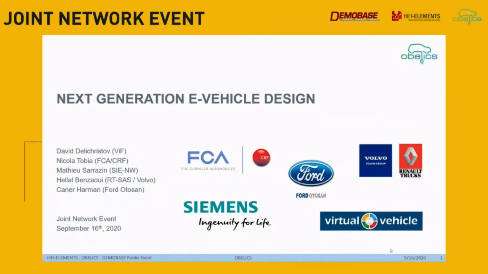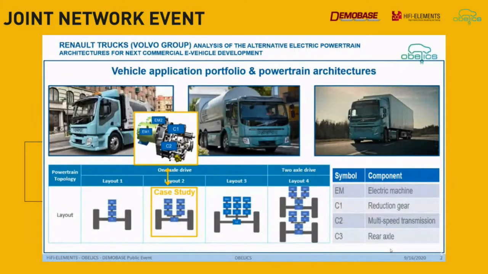The first use case from our cluster 1 is the Renault Trucks Volvo Group, with its analysis of alternative electric powertrain architectures for the next commercial electric vehicle development. As you can see, this company offers a broad portfolio of vehicle applications and powertrain architectures.